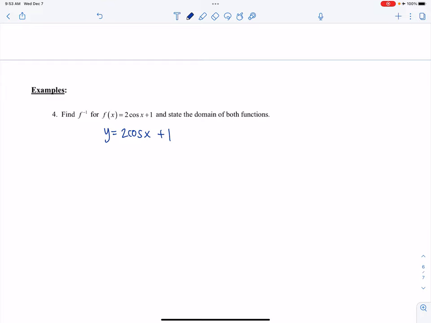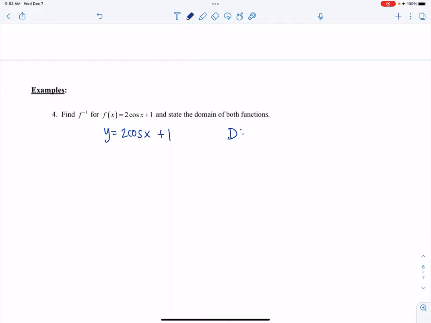Now before I even start, I'm going to get one of the domains out of the way and write the domain of this first function. So the domain of f, remember from algebra class, is all the input values, or all the available x's that we can plug into our cosine in this case.